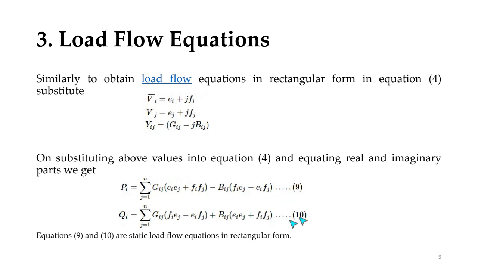But we are not going to consider this one, because in our approach we are using the polar form for the entire section of the Newton-Raphson load flow. But I just want to bring it to your attention, because if you are referring to some other textbook, some of the textbooks I am aware of try to represent your real power and reactive power, given in equations 9 and 10, in a rectangular form instead of representing the phase angles in polar form.